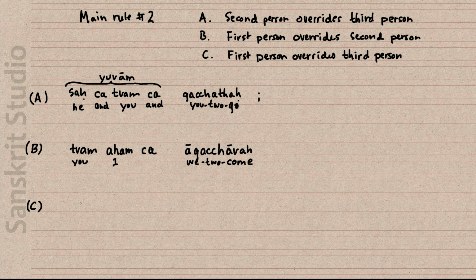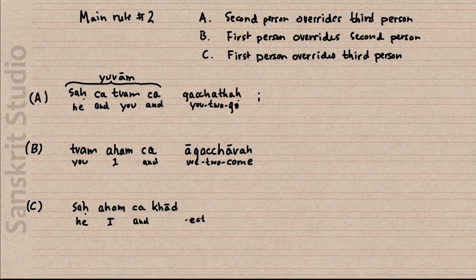We can take saha, aham, cha. Kad something. So something is eating. Someone is eating here. And it's he and it's I. And eating, we eat.